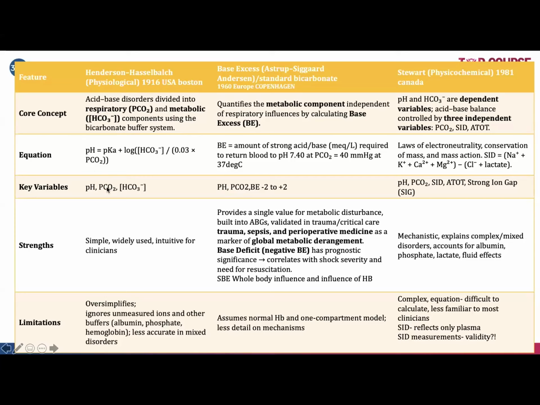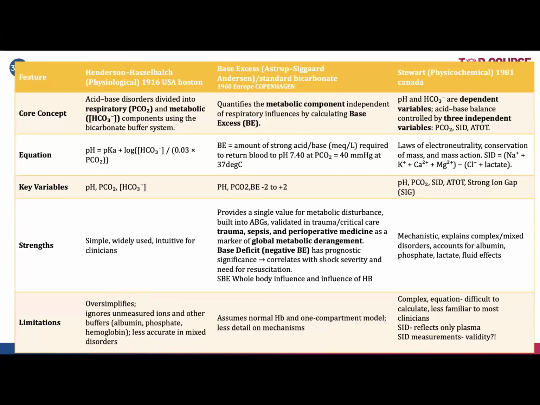So the key variables here are pH, PCO2, and bicarbonate. The strength of this is it's very simple to use, widely used in most of the ICUs, and everybody is trained to use it. We always follow the 7 steps. Limitation is that it oversimplifies.